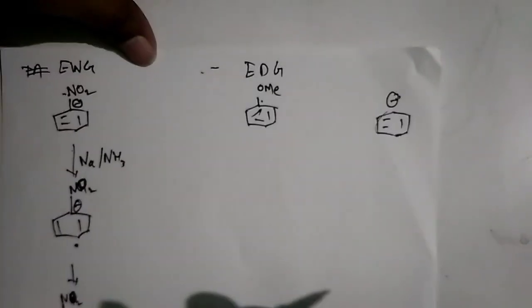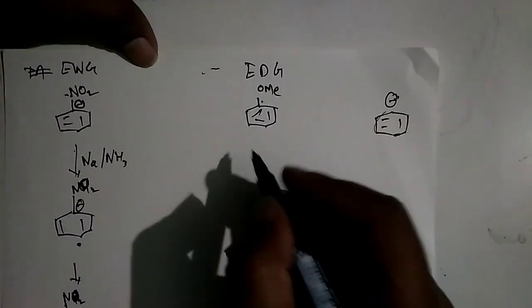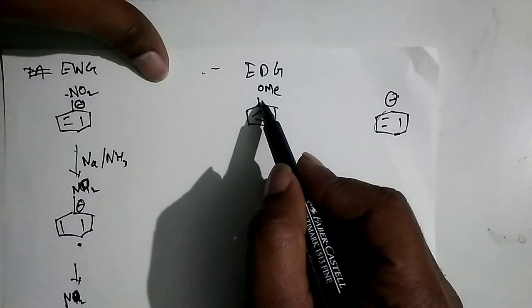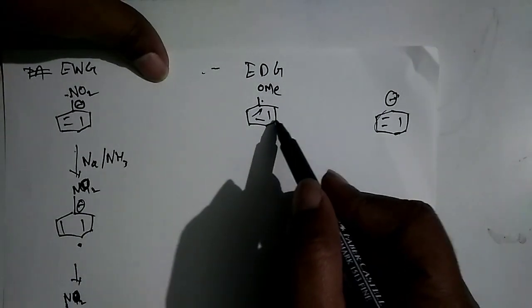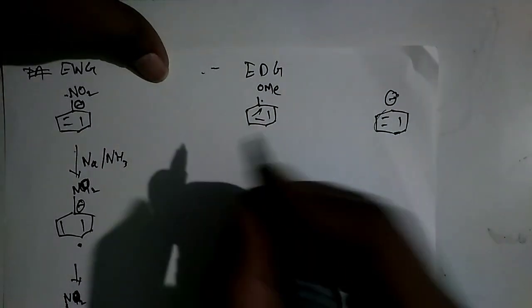Now in case of an electron donating group, anion cannot be formed here, so the incoming electron will approach this carbon, right?